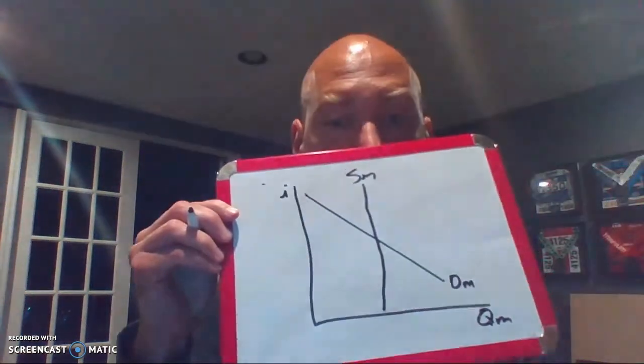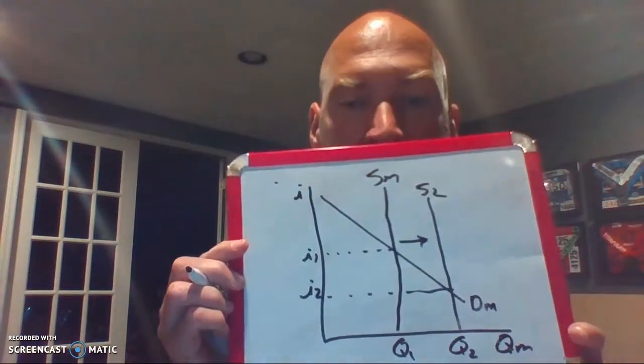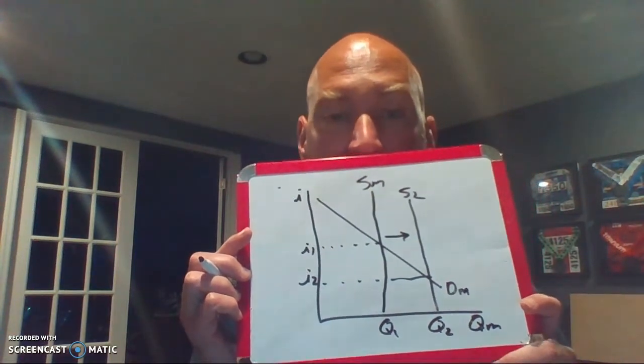Remember, with the money market, supply of money is vertical, provided by the Fed, and we label our points I1 and Q1. If the Fed buys bonds and we're using expansionary monetary policy, the money supply curve shifts to the right, like so.